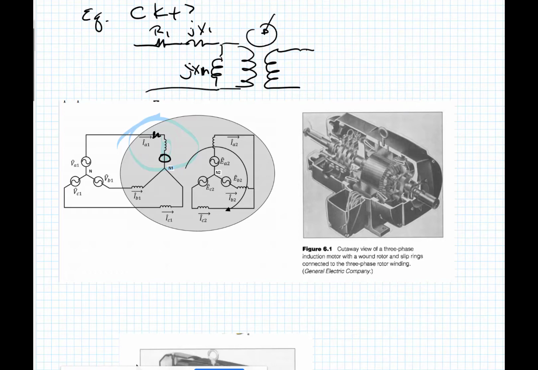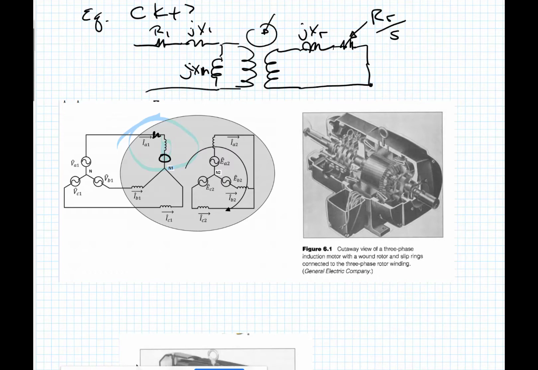The rotor has a leakage. We could call this the jX rotor. It has a resistance, right? Now what happens is, quite simplistically, we just shorted it, didn't we? So there's a resistance here, and this resistance changes with slip.